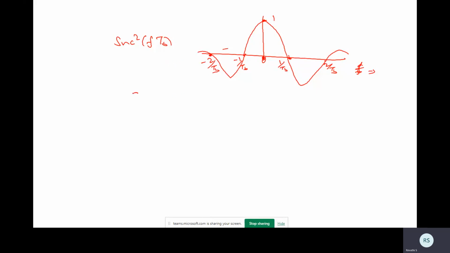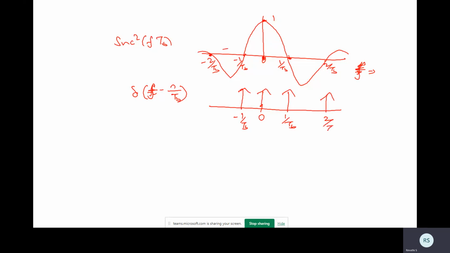But your delta function, f minus n by Tb, is a function like this. So periodical impulses at 1 by Tb, minus 1 by Tb, like this, this is f, not the spectrum we are drawing, periodical impulses till infinity.